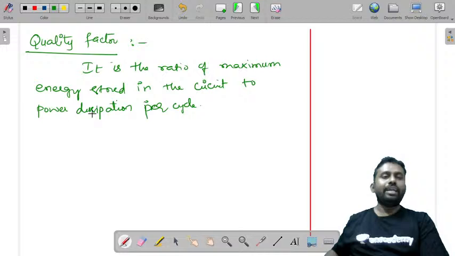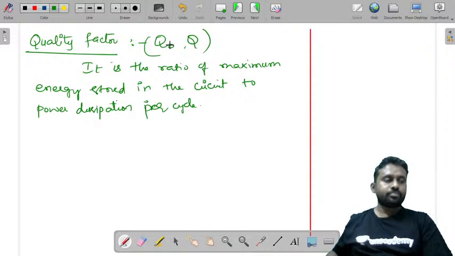So this is the quality factor denoted by Q or Q naught.